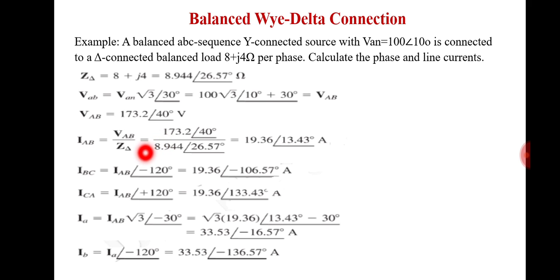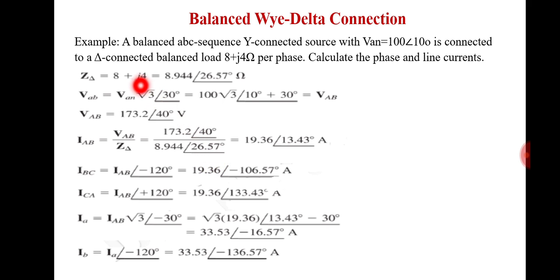Now take current IAB. IAB is equal to VAB divided by Z delta because of Ohm's law. So here put the value of VAB is equal to 173.2 with angle 40 degree, and ZAB is equal to 8.944 with angle 26.57.